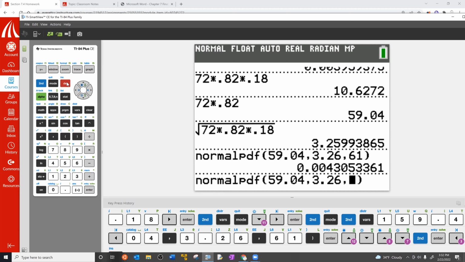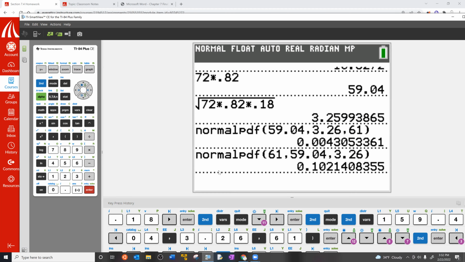So let's delete this out. All right, now enter 0.1021.